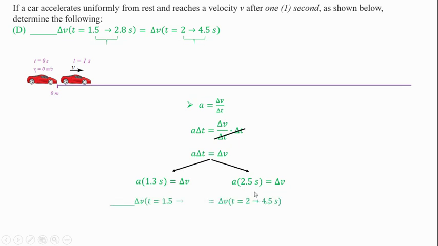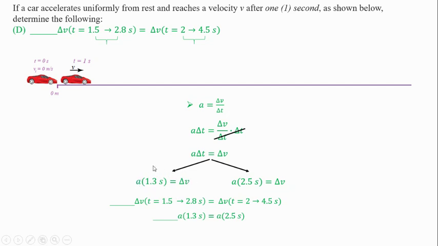So what I want to do is I'm just going to rewrite the statement from the top in part D. Part D says blank delta V from 1.5 to 2.8 is equal to delta V from 2 to 4.5 seconds. So I just carry that same statement down here. Therefore, we can substitute in delta V between 1.5 to 2.8 seconds, which we already calculated here. Watch what I'm circling.